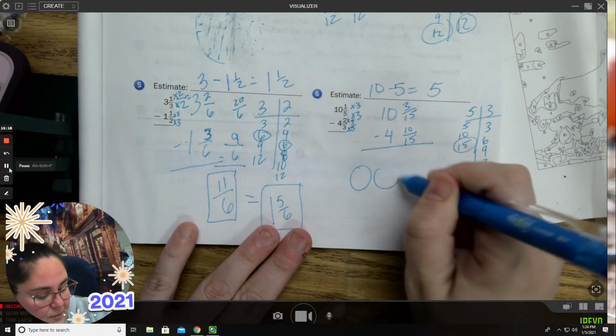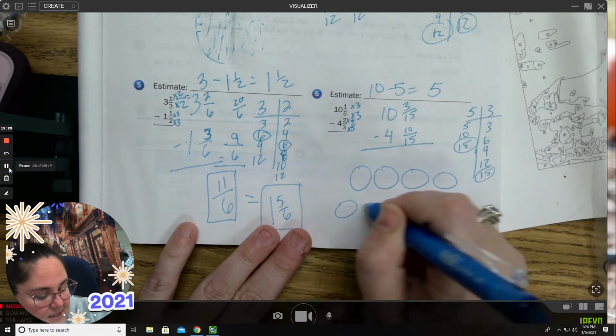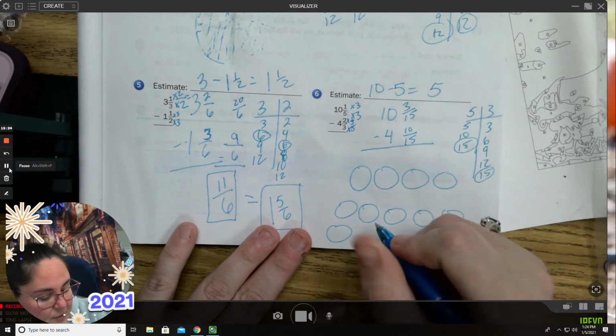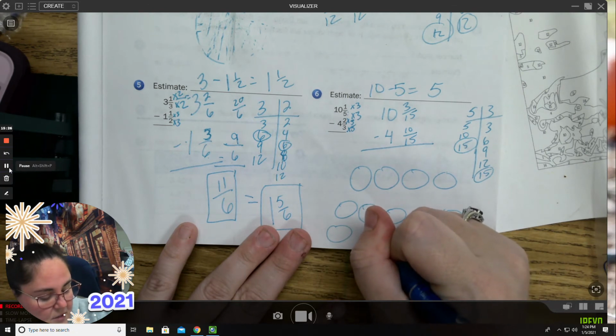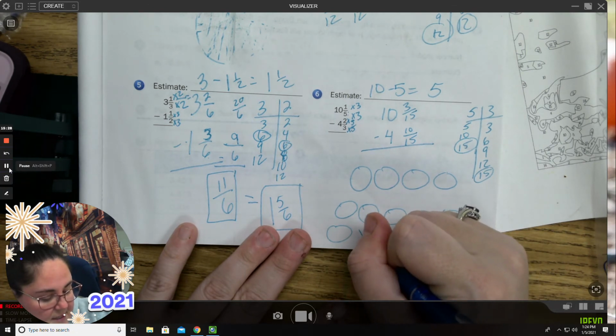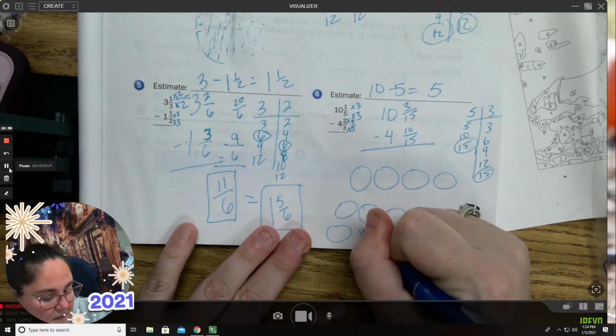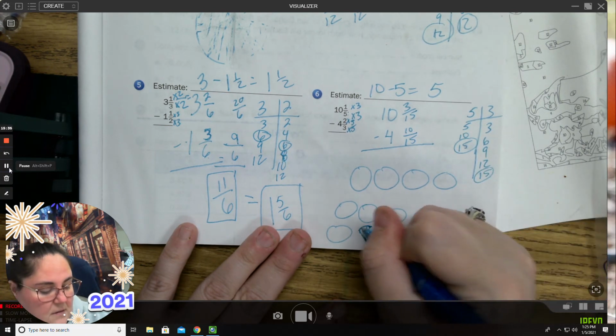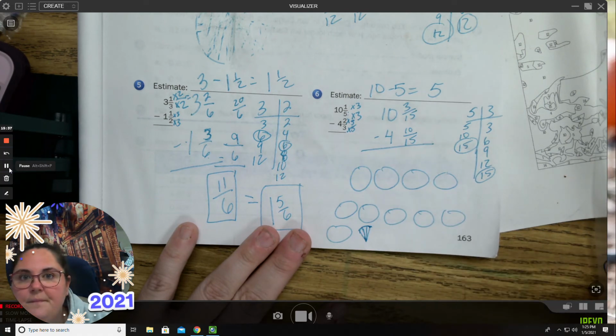2, 3, 4, 5, 6, 7, 8, 9, 10, and 3/15. All right, so if that's about a fifth, that's about 3/15, ish. All right, here we go.